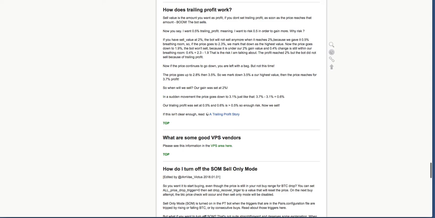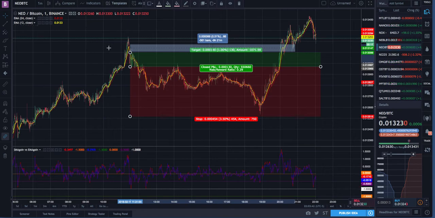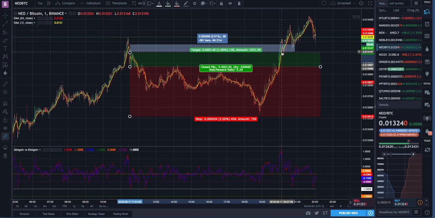So let me give you a real life example. This is an actual trade I did earlier today. This is in Neo. So you can see our bot picked up our trade right here, and it went down, and then it didn't get out of the trade till around this area. Now what I was thinking would happen is, it would peak above my 1% sell value, and then it would trail down and then go ahead and sell.